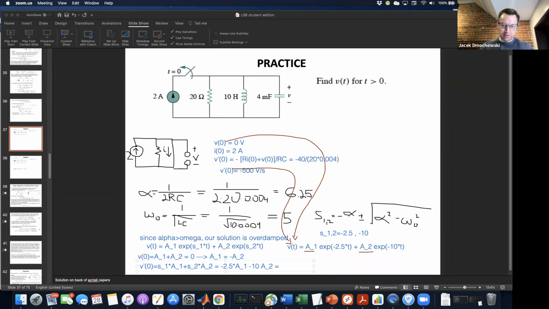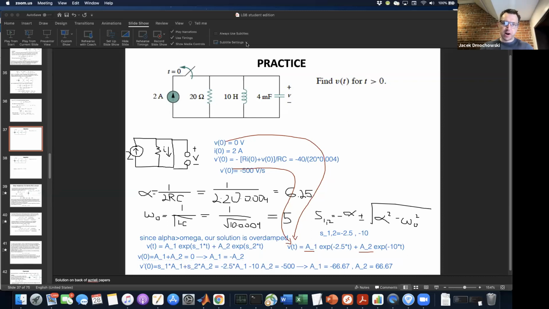And that has to equal negative 500. And so when you solve these two equations simultaneously, you get that A1 is equal to negative 66.2 and A2 is equal to positive 66.2. Okay.